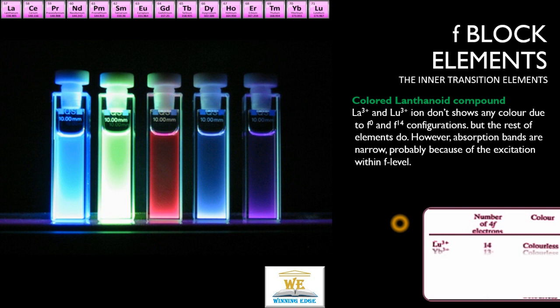Here we see from lutetium to gadolinium, near 14 and 13 electrons in 4f orbitals, they are colorless, like we have lanthanum and cerium colorless with 0 and 1 electrons.